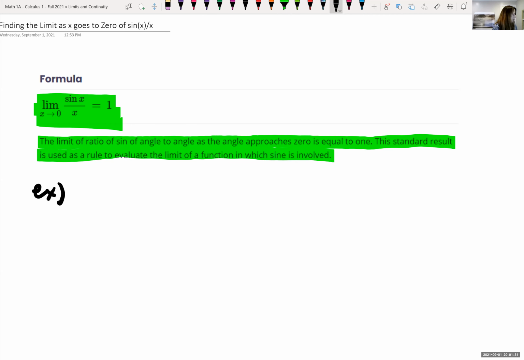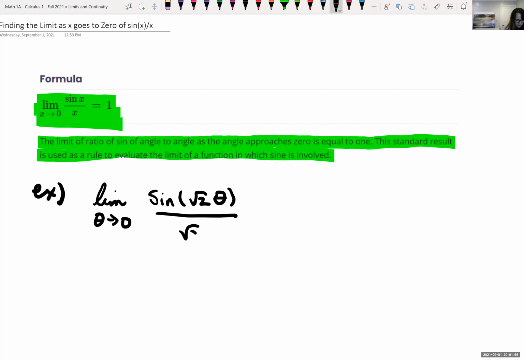Okay, so let's pull some examples and look at them. In this case right here, we have the limit as theta approaches 0 of sine of the square root of 2 times theta all over square root of 2 times theta.